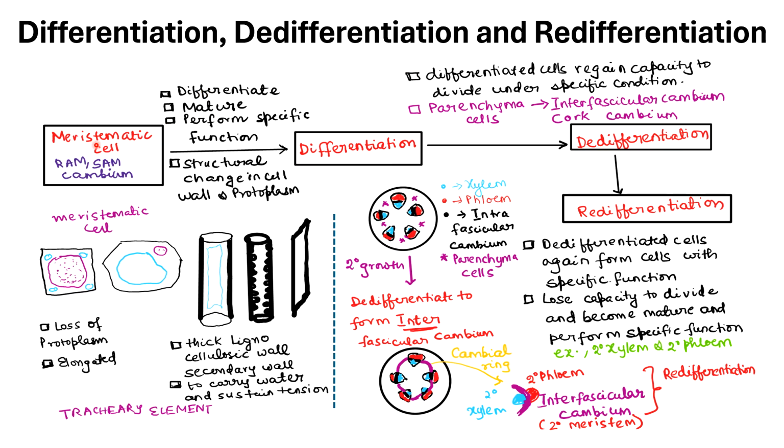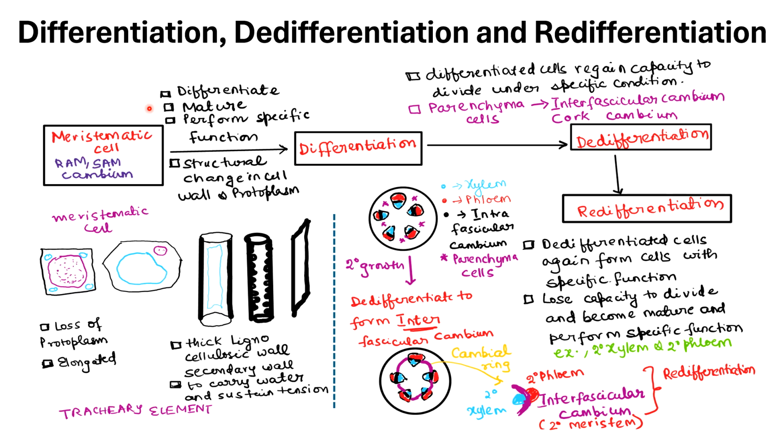Now, plants, as we have already discussed, show an indeterminate and open type of growth. Why? Because they have special cells called meristematic cells. Examples are RAM, SAM and cambium cells. Now, these meristematic cells are unspecialized. They do not have a specific function.